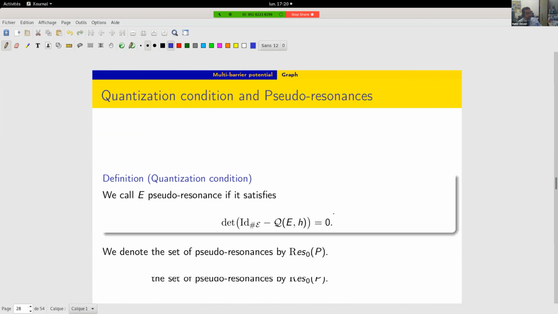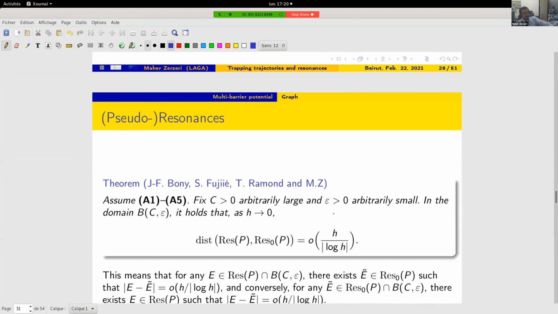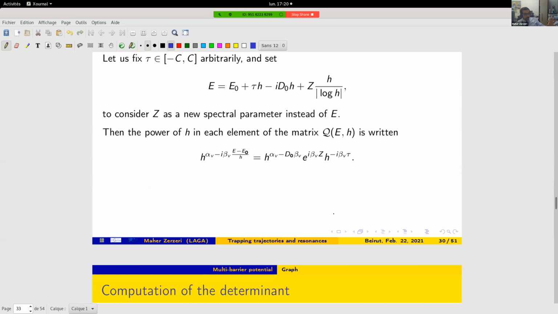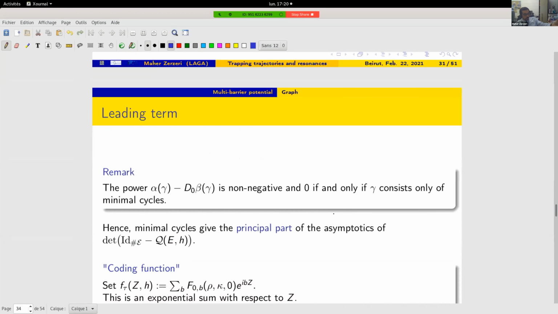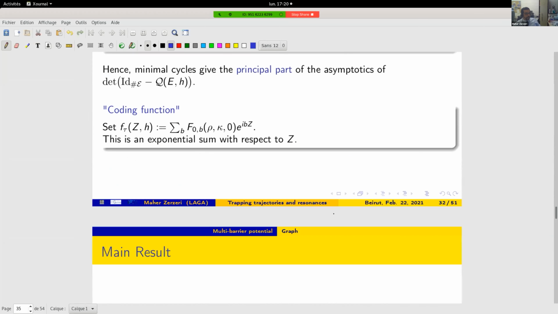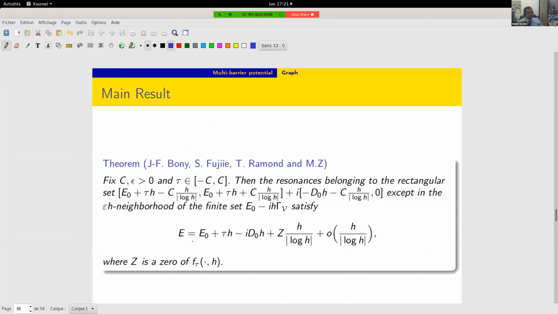So the very important thing, you have a quantization rule. You define the pseudo-resonances, so the leading term. And after we do some computation on the determinant to show the importance of this damping D0, and you have this result that in this situation, our resonances are E0 plus some perturbation in h.